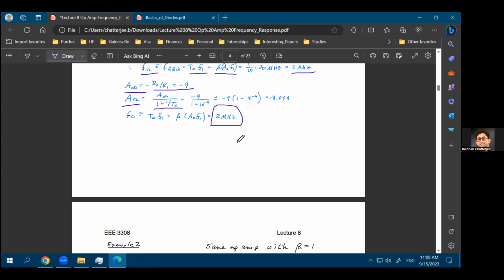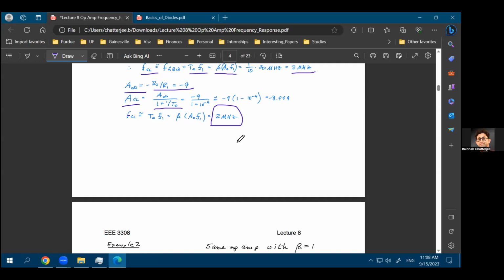In fact, the beta factor would be R1 divided by R1 plus R2, but you'll see that it will be very close to that. So the gain in this case is minus R2 over R1, and this ratio of R2 and R1 could be in the range of, let's say, 10 or 20. On the other hand, the AOL is probably 100,000. It's very, very high. So the open loop gain is 100,000. The closed loop gain is somewhere over here.